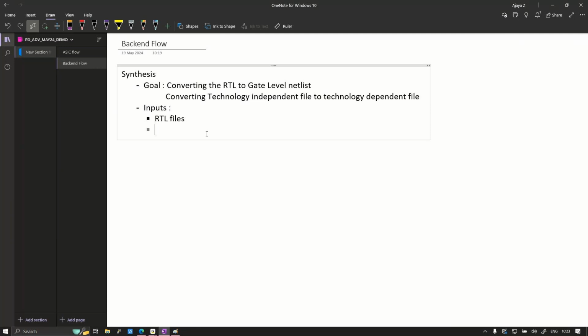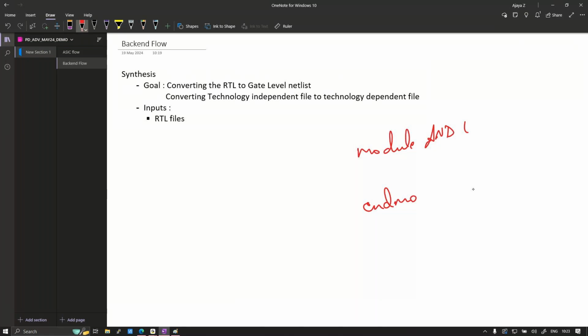Someone has structured it and I want to use it in my design. If I provide an AND gate as a module in this structure, is it converting to a gate level netlist? No, right? I want to use some kind of header files, meaning someone has already developed and verified it.